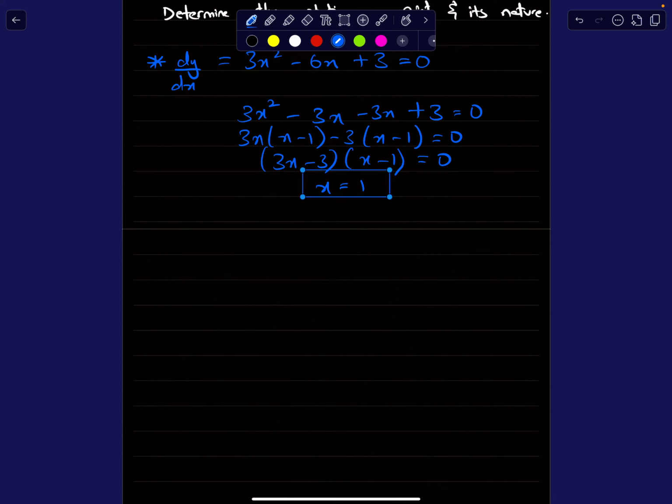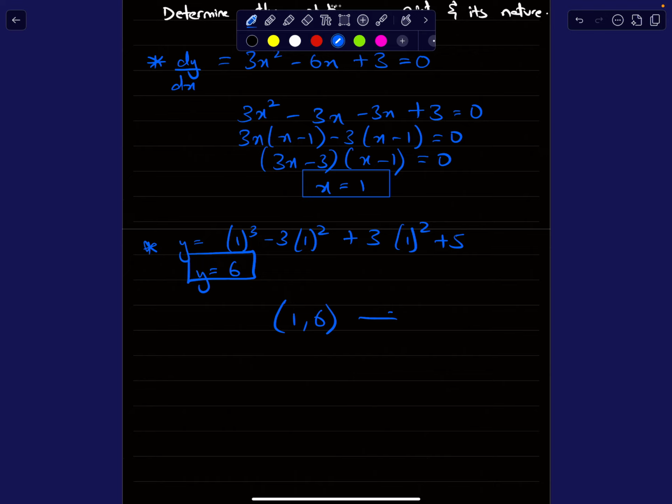You can go on to find the y coordinate of the stationary point too. That's going to be this, and y turns out to be 6. So (1, 6) is our stationary point.